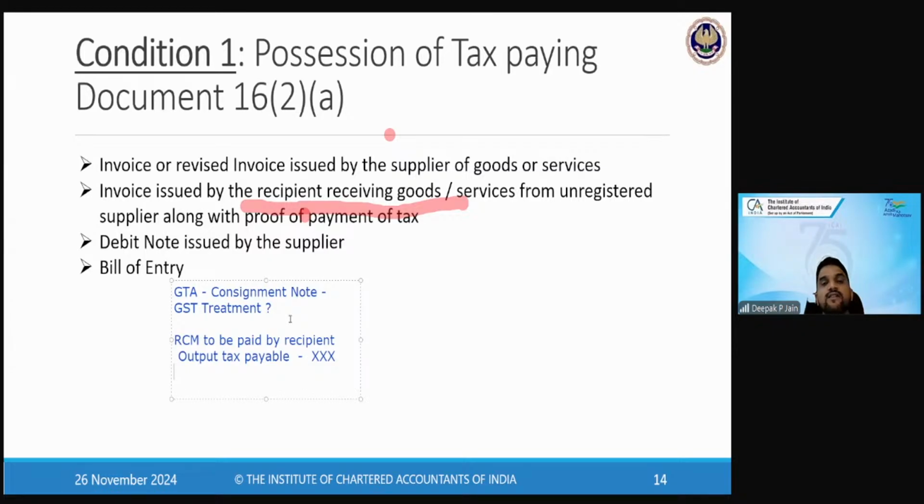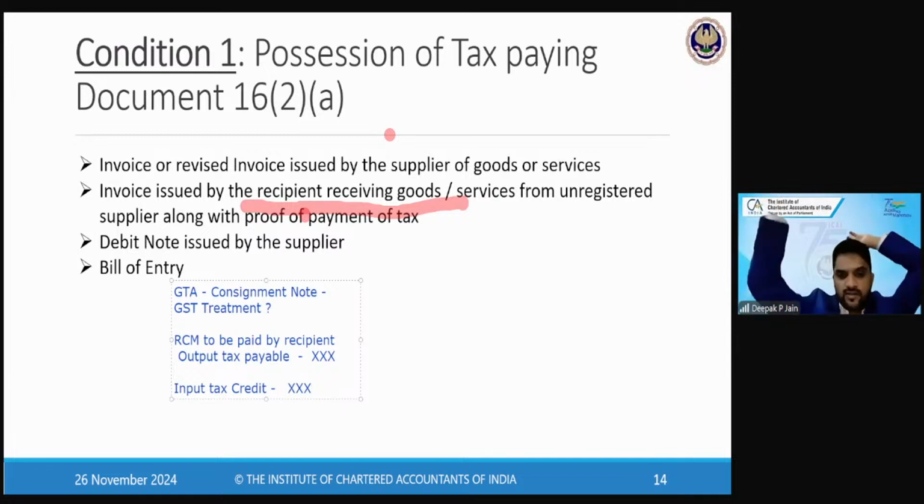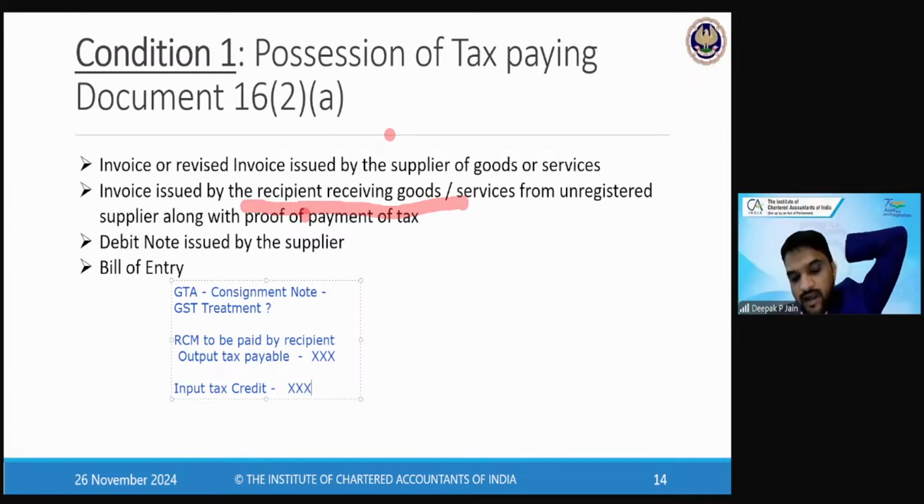The same supplier would give it to the government. Instead of him giving it to the government, I am giving it to the government. Correct? So RCM is to be paid by the recipient. So this is my output tax payable, and I will claim input tax credit to the extent of the same. So RCM is to be paid by the recipient and input tax credit has to be claimed.